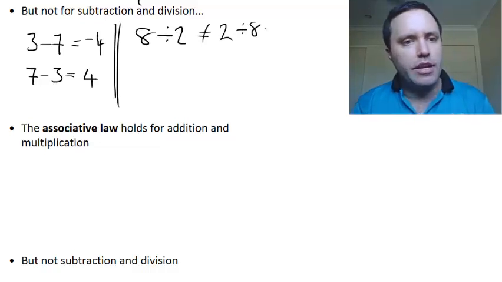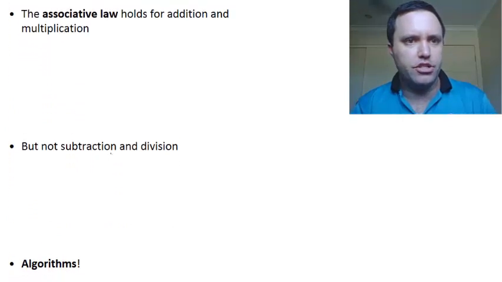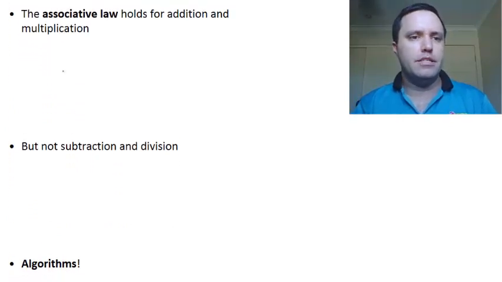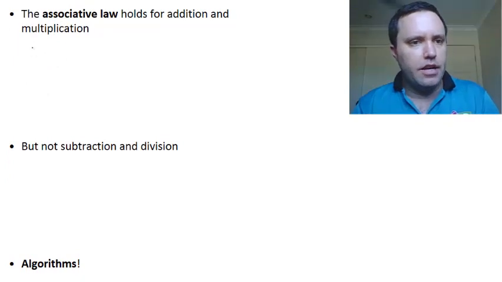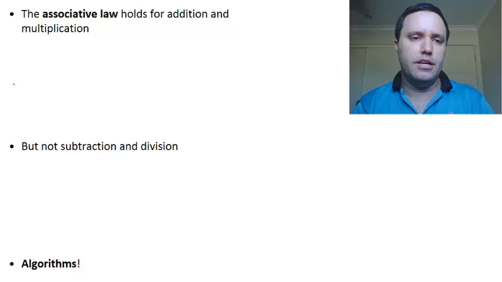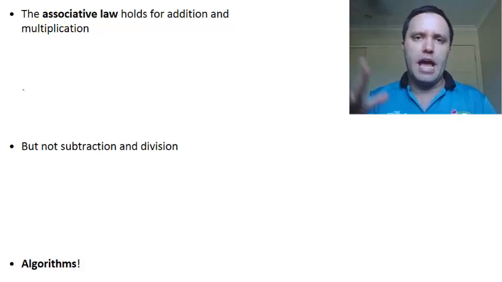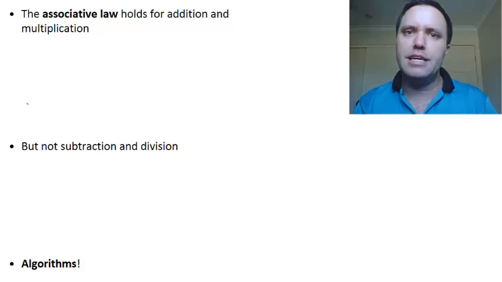Another one for us to think about and be aware of is the associative law. I'm going to generalize these algebraically. It's a good idea for you to see these rules and laws as a little bit abstract, not tied down to particular numbers.